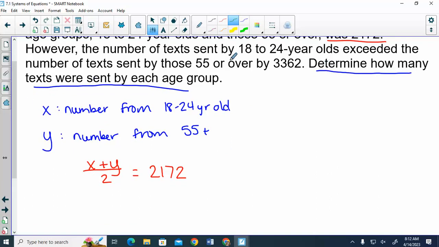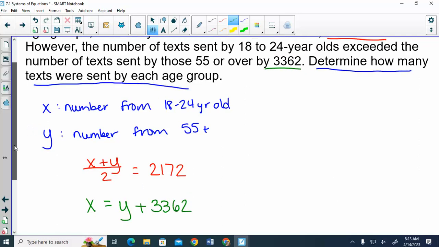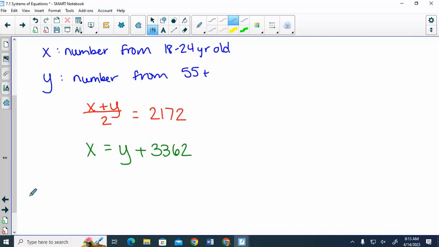Then it says the number sent by the 18 to 24-year-olds, so that was x, exceeded the number sent by the 55 and up by 3,362. What did I do with that? Okay, so x is y plus 3,362, or you might have done x minus y equals 3,362. Just telling you how many more were sent by that age group.